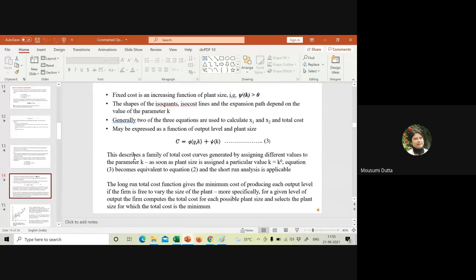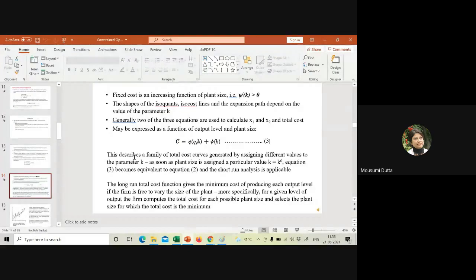Now you want to produce, say, 12 tons. You select the plant which gives you the minimum cost. Now finally, you want to produce, say, 100 tons. In that case, it may happen that the first plant size or the second plant size will give you a higher cost. If you go for a bigger plant size, in that case it will be beneficial.